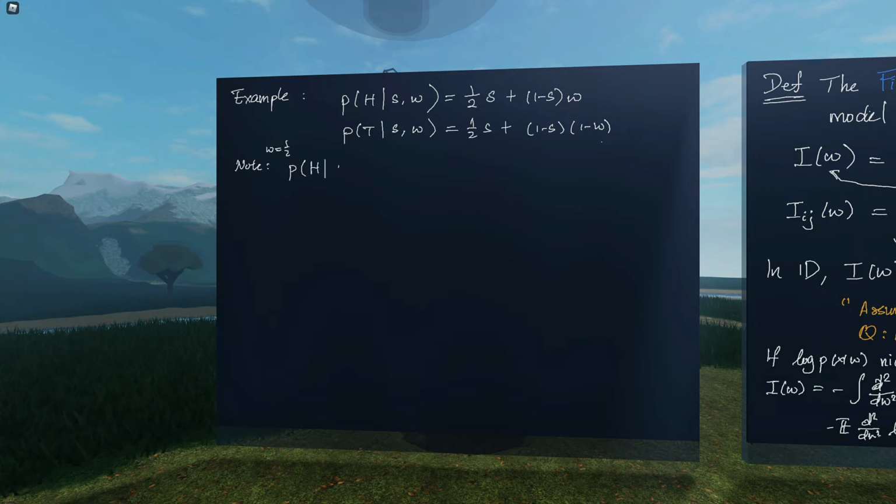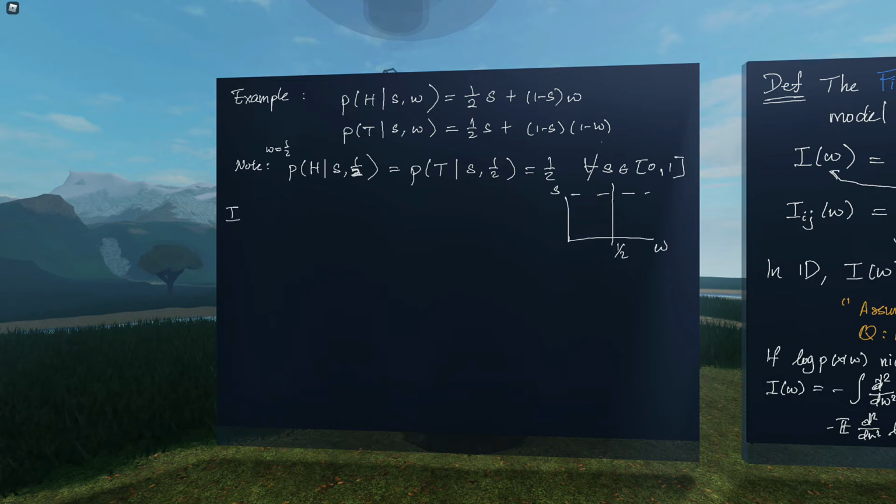This is just saying that if W is a half, then the probability of landing heads is the same as the probability of landing tails, which is equal to a half for every value of the parameter S in its own parameter space. So this is the degenerate condition. So we have two parameters. One is W, one is S. This line of W equal to half all parameterize the same model.